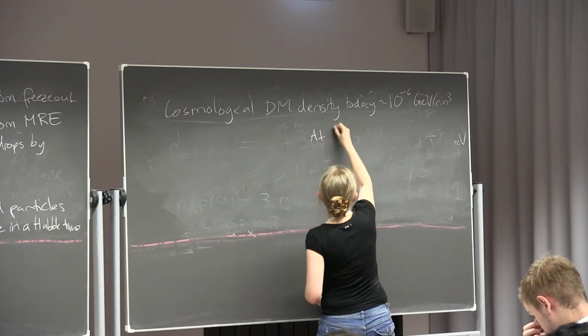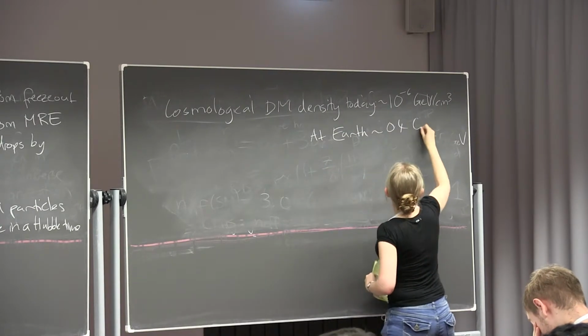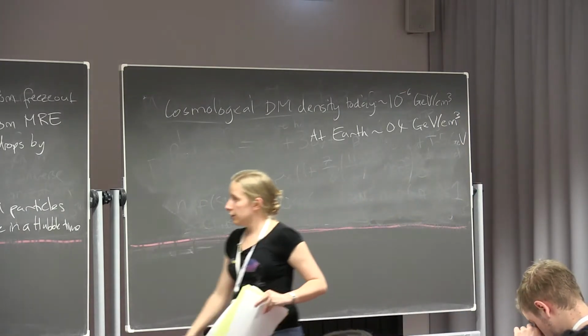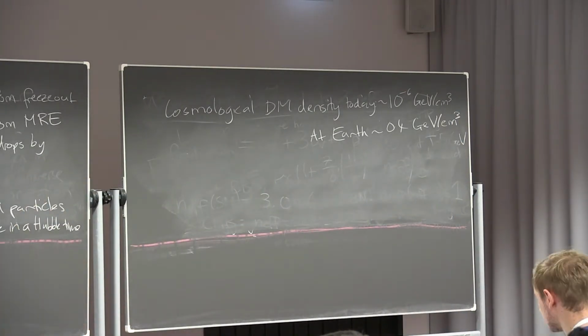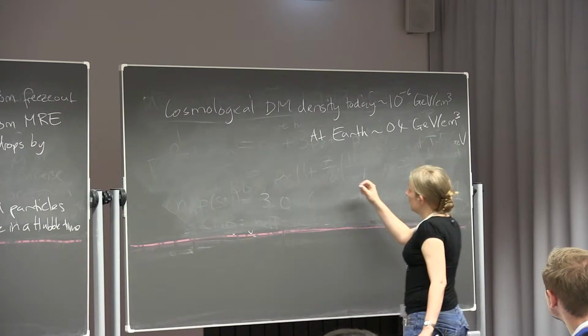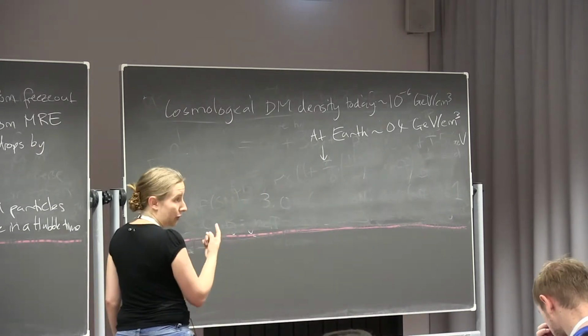At Earth, we said before, it's about 0.4 GeV per cubic centimeter. So if it's 1 in 10 to the 15 dark matter particles annihilating out in intergalactic space, for densities comparable to that at Earth, we'd expect the rate of annihilation to be roughly 5 orders of magnitude higher.